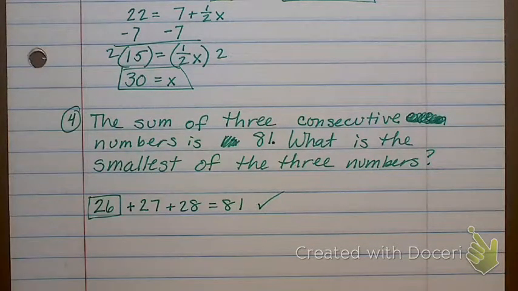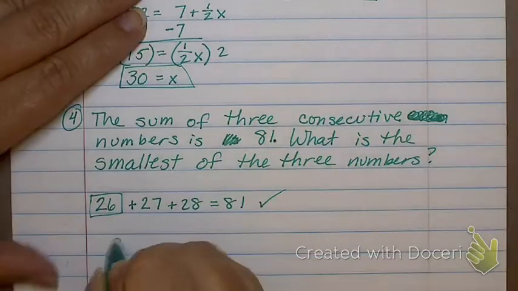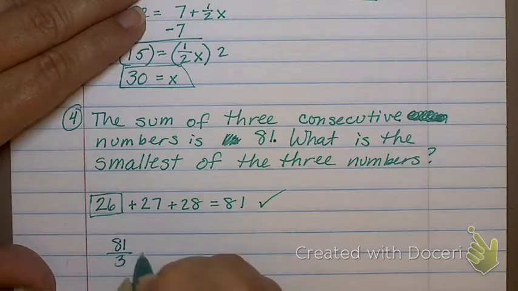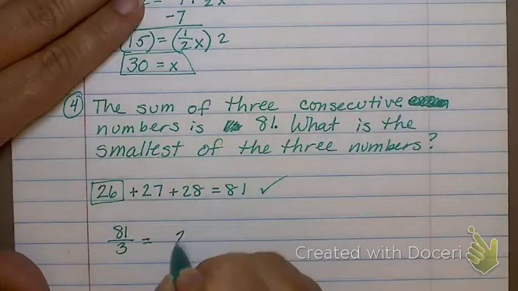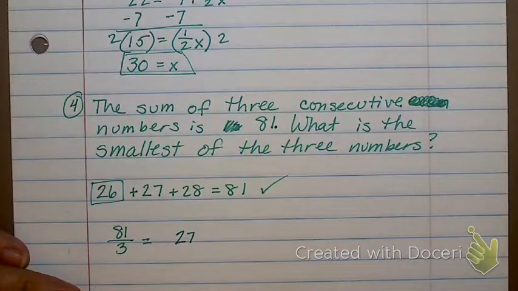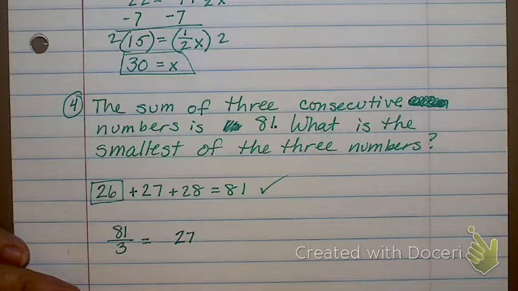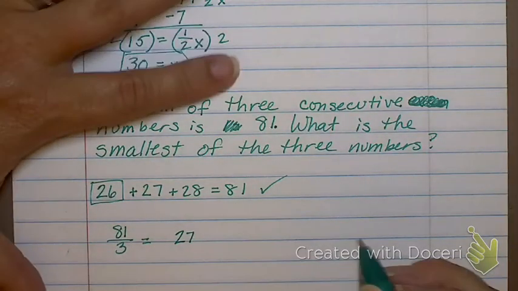Well, this is kind of like a dumb way to do it. There's no dumb way to do it. I just divided 81 by 3, and I got 27, and then I figured you would add 28, and then you would add 26. Okay.